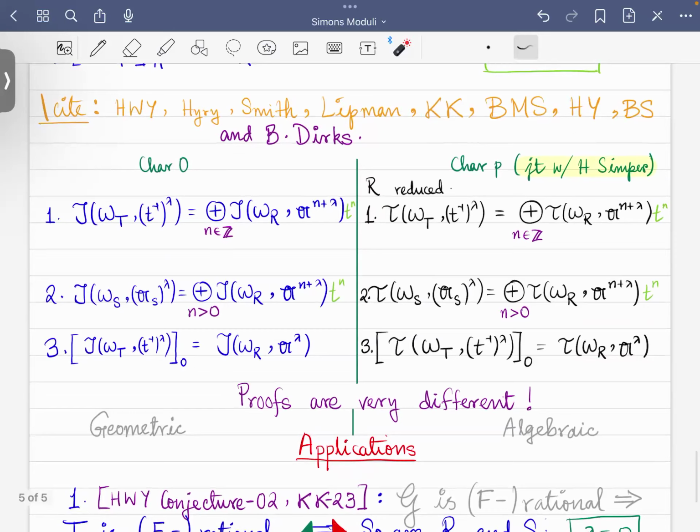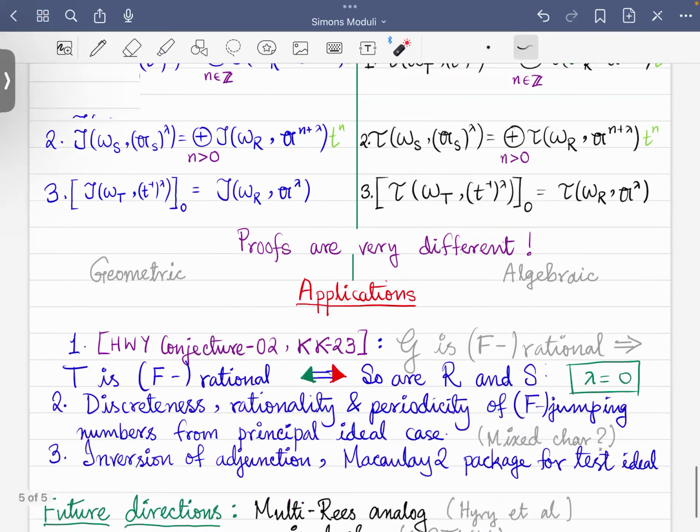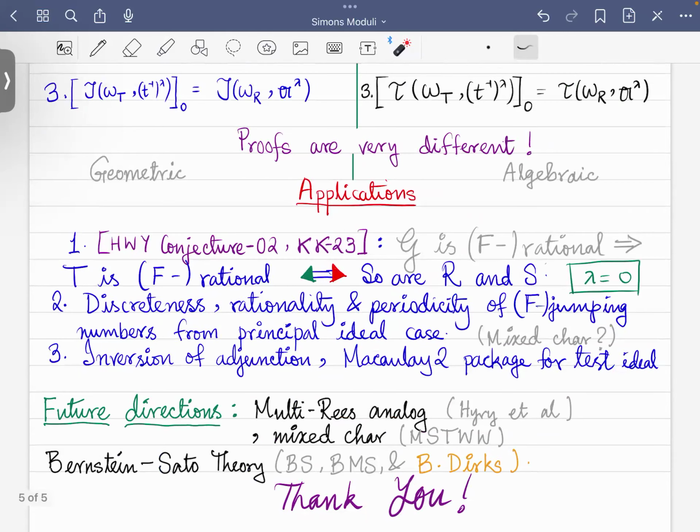Similarly, via Skoda, for example, we know that T inverse to the lambda plus 1 is just T inverse times that thing, which gives us in some sense the periodicity results of these jumping numbers for infinitely many natural numbers.